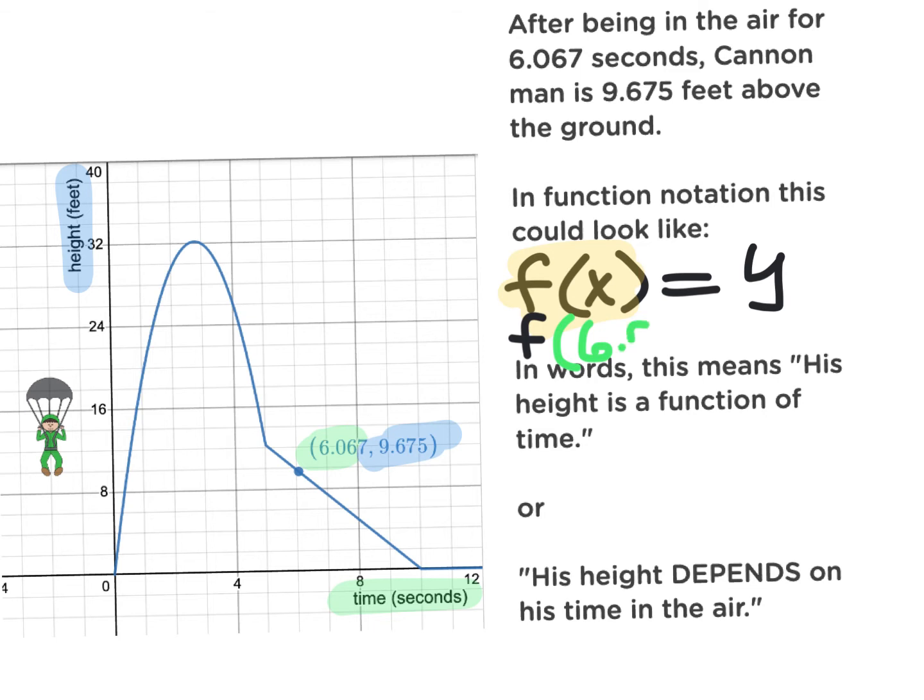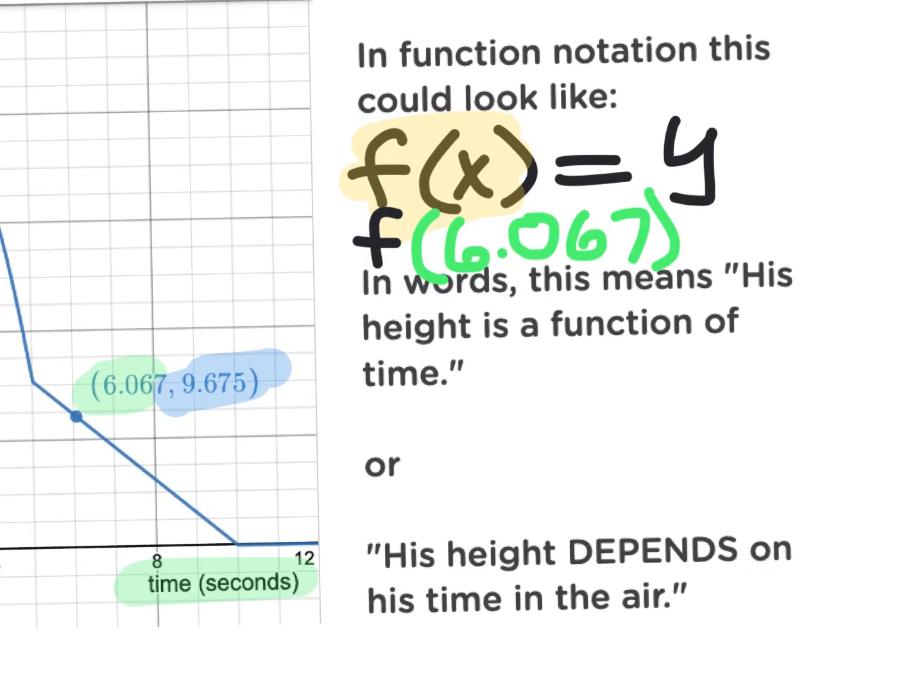Instead of the X, it'll be an F with that 6.07 in parentheses, and it'll be equal to 9.675.